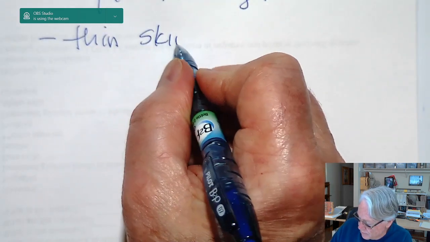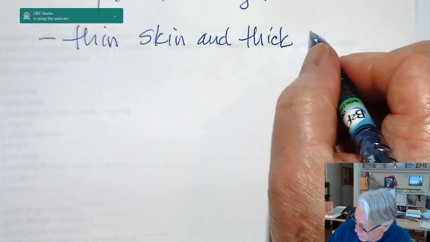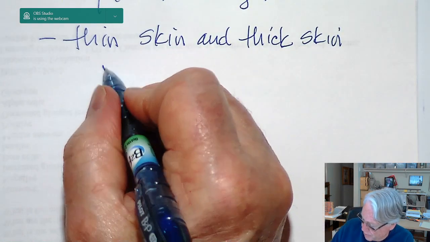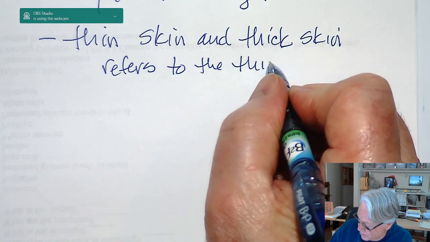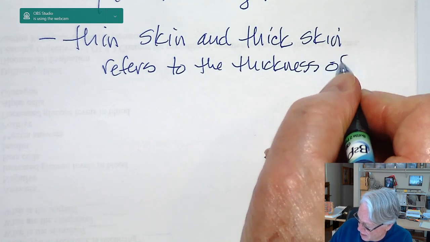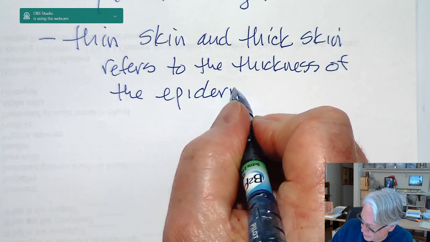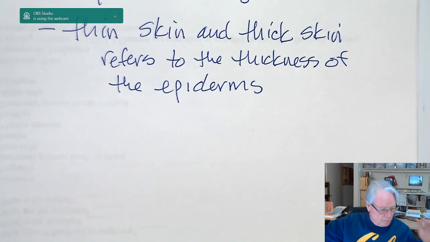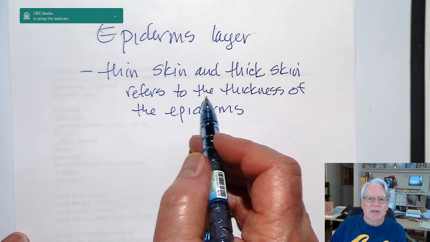Thin skin and thick skin refer to the thickness of the epidermis. So when I say thick skin or thin skin, we're referring to the thickness or lack thereof of just the epidermis.